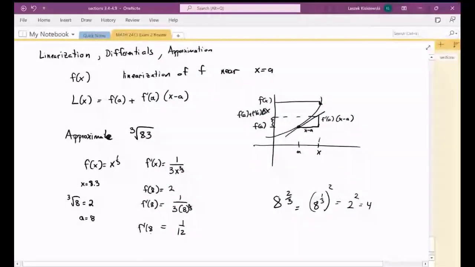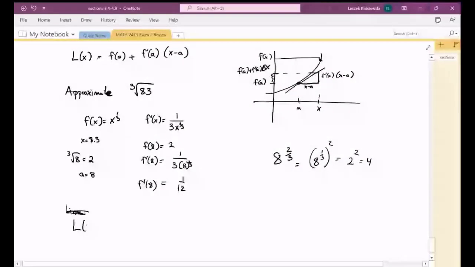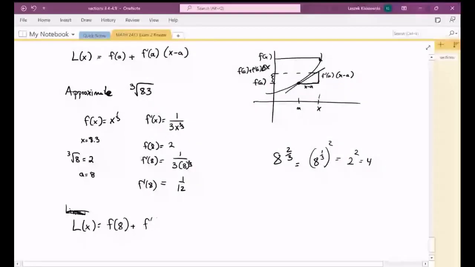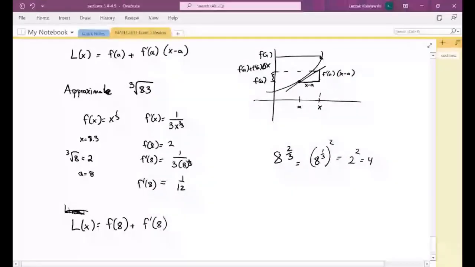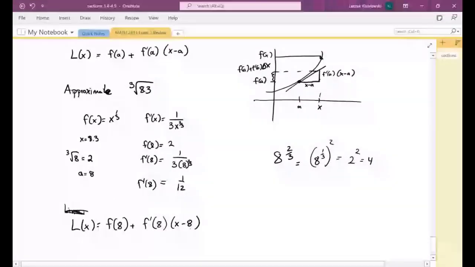All right, so we're going to write down the linearization here. L of x. It's what the function does at 8 plus the approximate change given by the slope of the tangent line times the change in x as x moves away from 8.